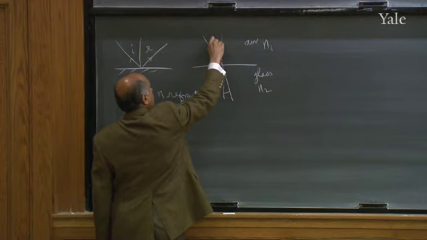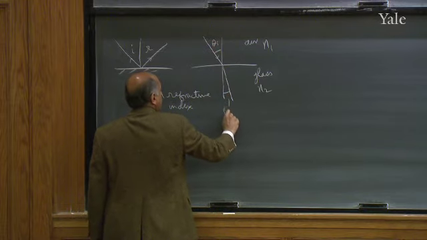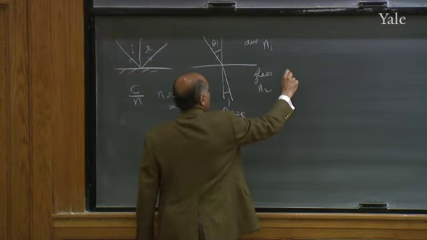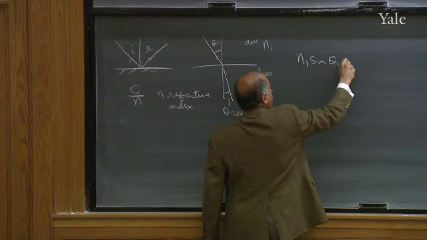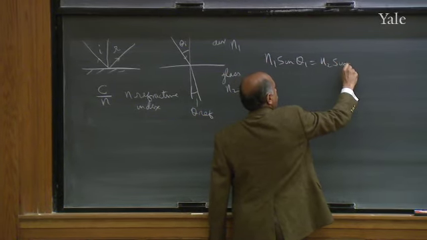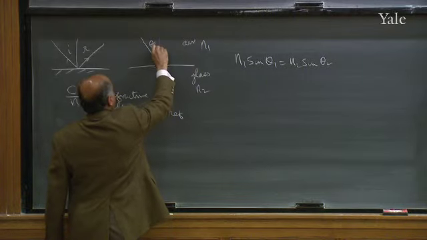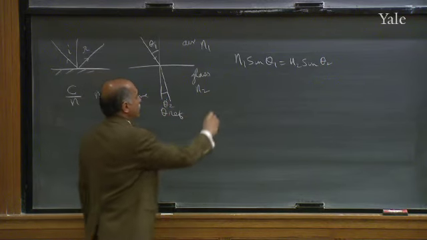If you call this theta incident and this theta refracted, then there's a law called Snell's law that says n1 sine theta 1 is n2 sine theta 2. This is called Snell's law.